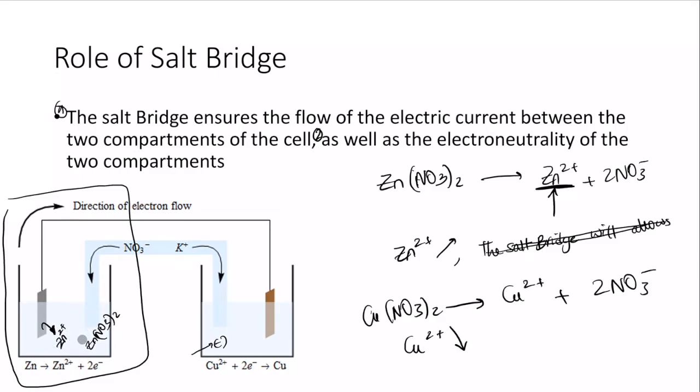So here we need negatively charged ions so that it becomes more neutral, and the NO3 minus migrates to make the solution neutral again. In the cathode solution, it's becoming negative because we're using the Cu2+ in the reduction reaction, so the NO3 minus increases relative to the Cu2+, and K plus will take the Cu2+ place to ensure the electron neutrality.